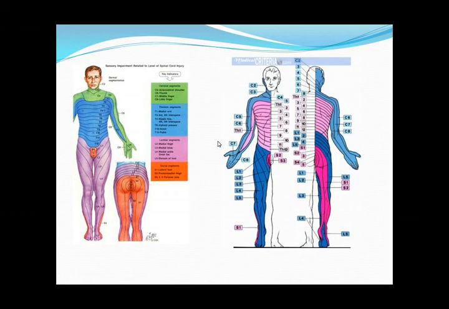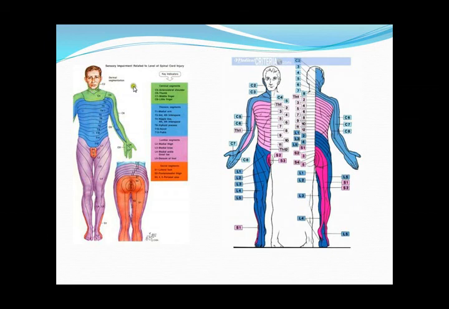The sensory level is very, very important. If we want to localize a lesion, sensation and sensory level are very important. If you don't know about the sensory level, it will be very difficult for us to know where the lesion is and what level of the spinal cord is involved, because we know that there are different portions of the spinal cord, might be cervical, thoracic, or lumbar.